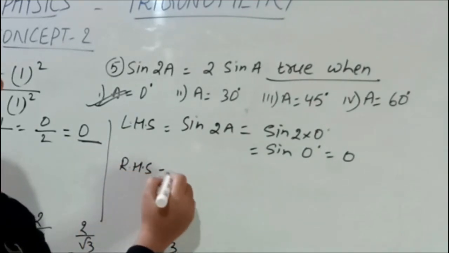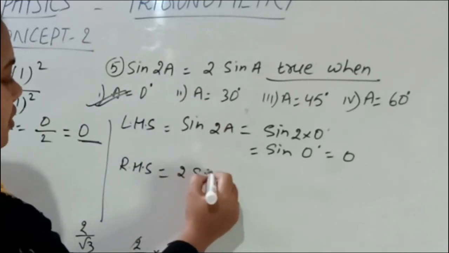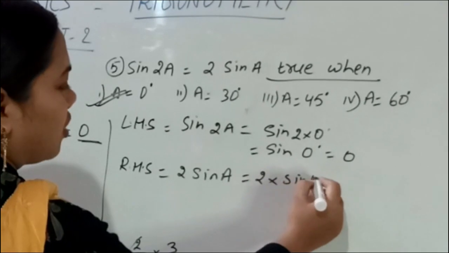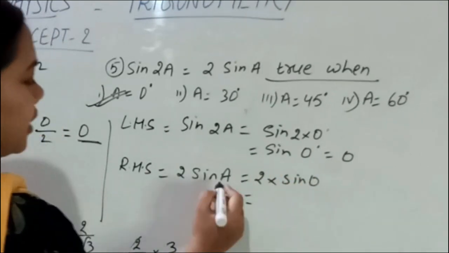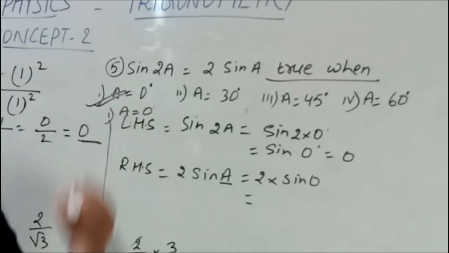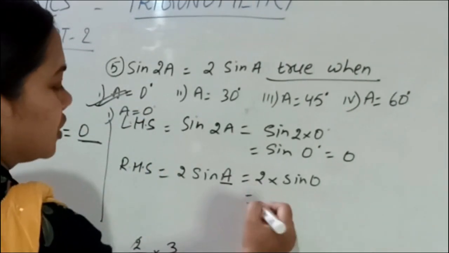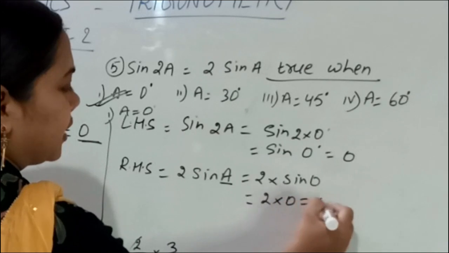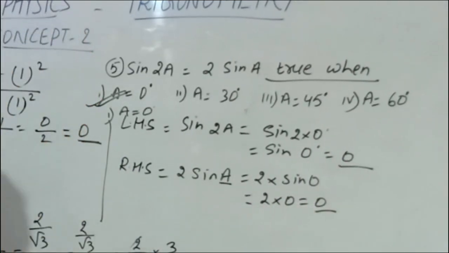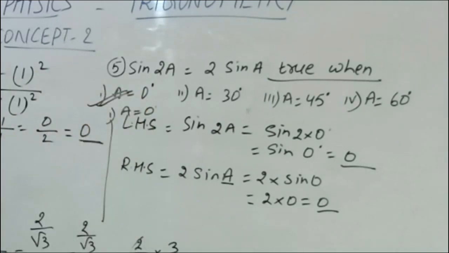See, RHS is equal to 2 sin A. 2 sin A means 2 into sin A. Sin A how much? 0. What is A value? We have taken first one, A equal to 0. So sin 0 is 0, 2 into 0, that is 0. LHS equal to RHS came, no children. So your first answer A equal to 0.